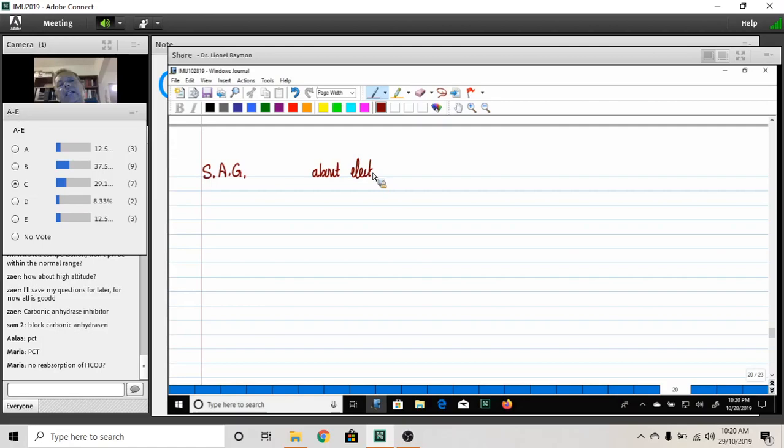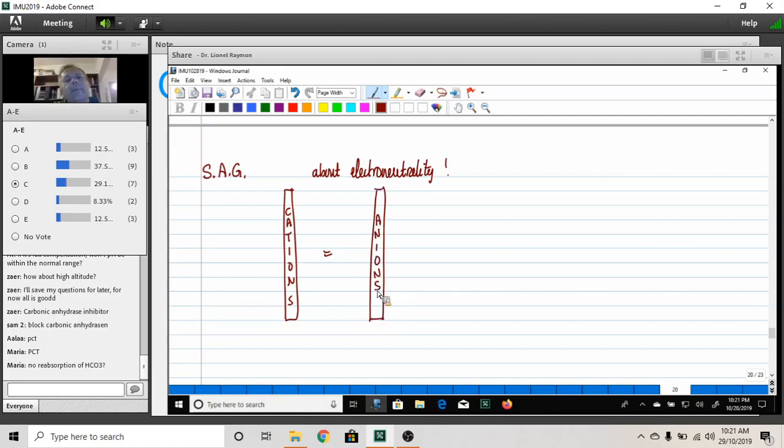Electroneutrality is simply telling you that if these represent cations, then they must be equal in amount to anions. Cations and anions must always equal one another.